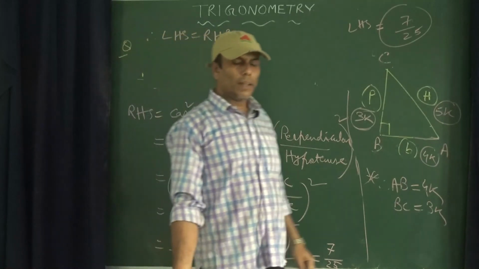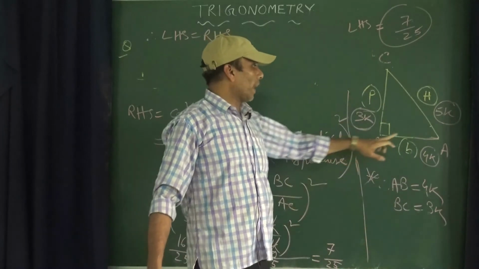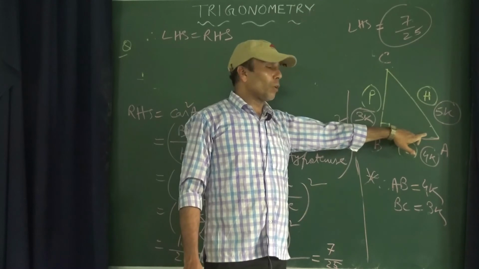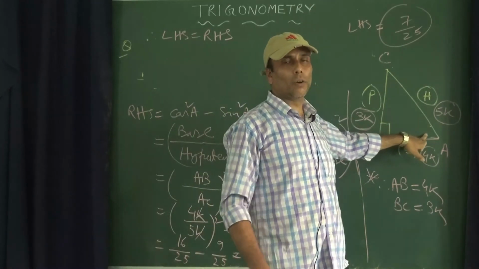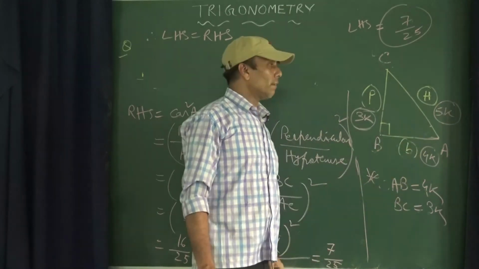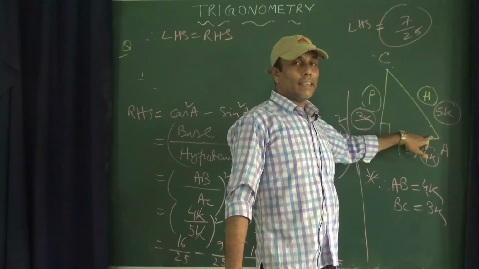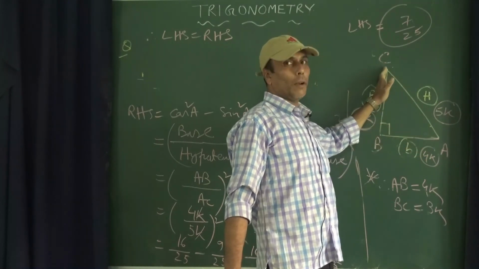For solving this type of problem, the main thing you have to remember is where your angle is with which you are dealing. The angle for which you are going to find the trigonometric ratio, suppose sin A, cos A or tan A, whatever it is, that angle should lie on the base. That angle should not be on the perpendicular.